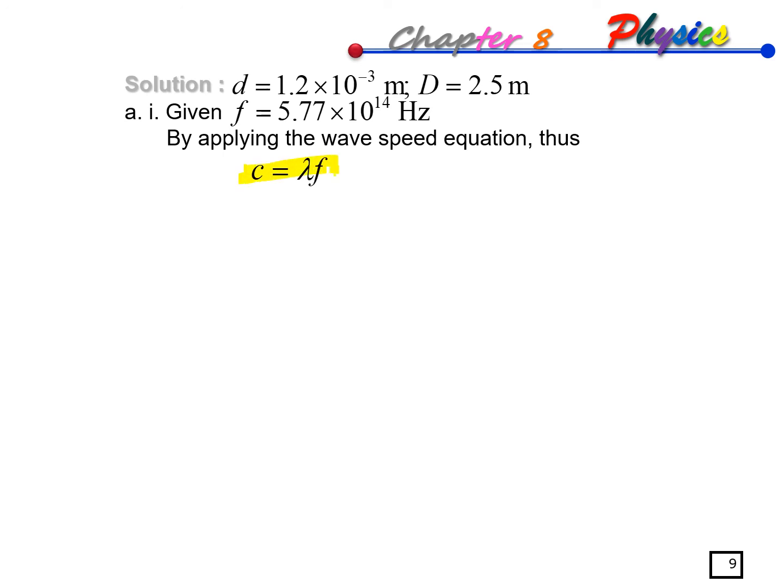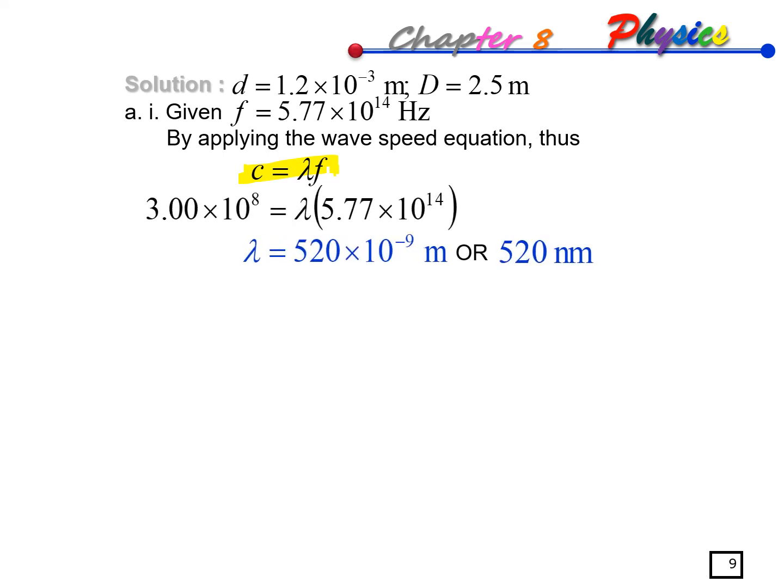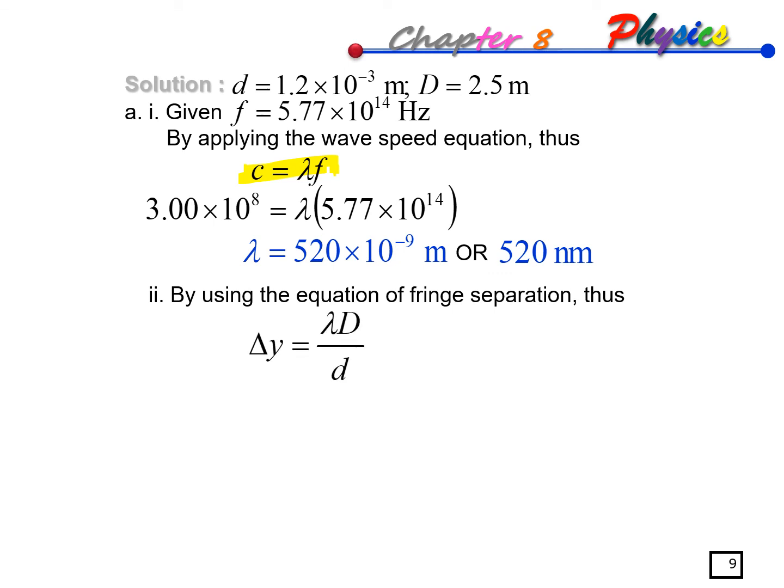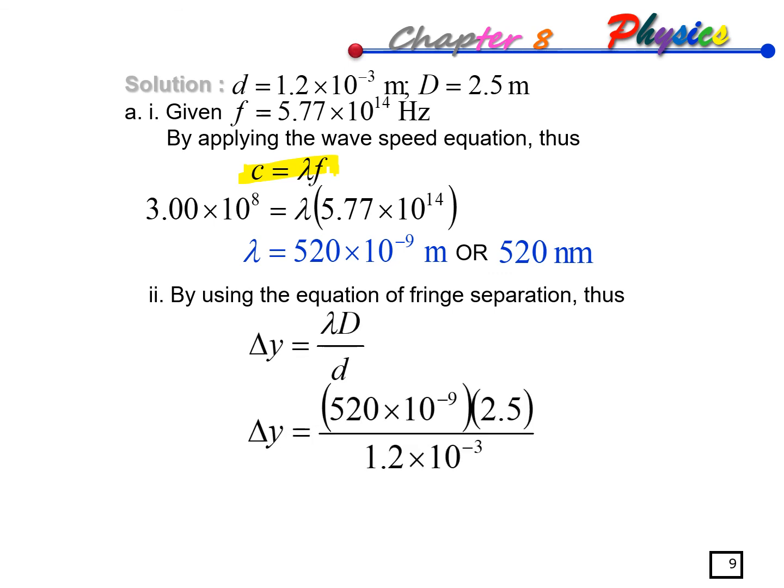Here we replace v with c, the speed of light. Since f is given, we can determine lambda, which will end up with 520 nanometer. Once we have the wavelength, we can calculate the fringe separation by applying it into the equation, which will end up with 1.08.